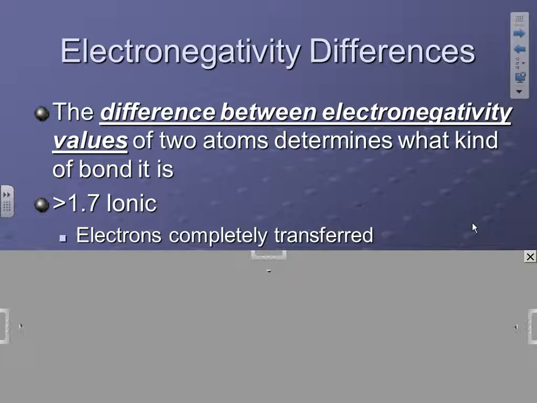If there is a large difference in electronegativity, one atom wants those electrons so much more than the other atom, basically it just takes them away, or the other atom just gives them away, right? So we have a complete transfer of electrons.